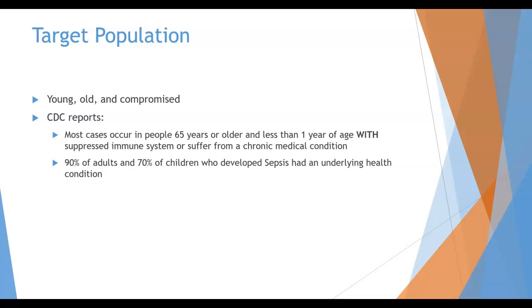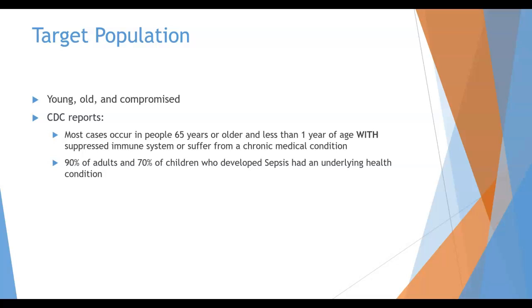So who's our target population? Well, our target population is the young, the old, and the compromised. So we talked about geriatrics recently, 65 and older, less than 1 year old are young. And then the compromised is anyone with a chronic medical condition or someone who has a suppressed immune system for whatever reason, born with it, developed it over time, the unfortunate victim of an accident.